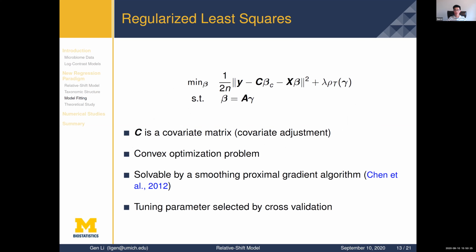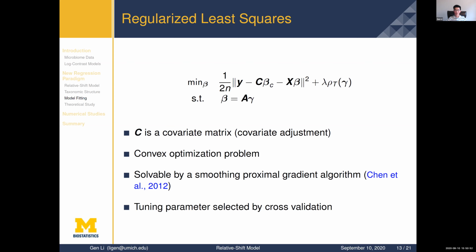equisparsity. So putting everything together, we come up with this regularized least squares, where essentially the square term is a loss function on the original coefficients, and the penalty term is on the intermediate coefficients. These two parts are connected by this linear constraint, where beta is equal to A times gamma, where A is a known matrix induced by the tree.